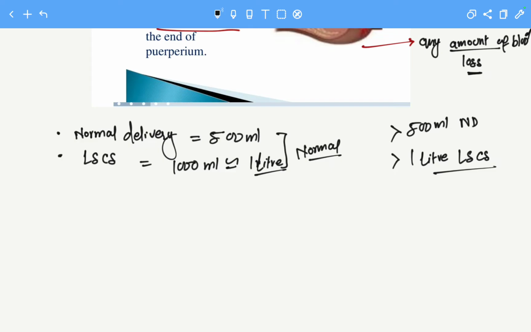There is one other definition for PPH, according to ACOG.